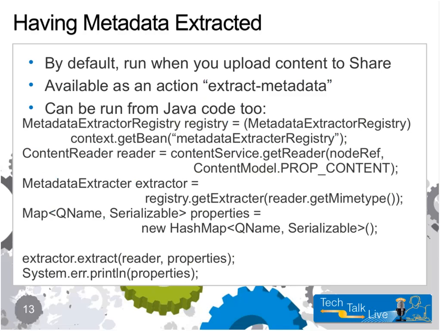Or it's very simple to do it with some Java code. So there's the 1, 2, 3, 4, 5 lines of Java code there on the screen if you're interested. So that's mostly going to be for people who are doing their own coding and playing around with the content properties directly. If you're just using something like Share, then it should all happen for you automatically.